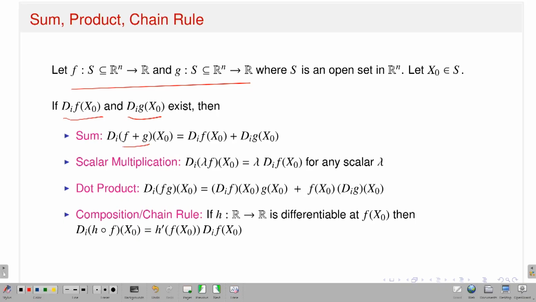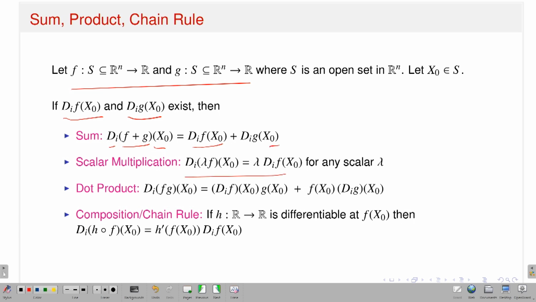Like in differentiation in the real single variable case, similar things are true. The partial derivative of f plus g with respect to the ith variable at x naught splits up: partial derivative of f with respect to xi at x naught plus partial derivative of g with respect to xi at x naught.